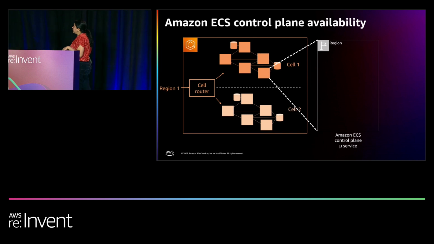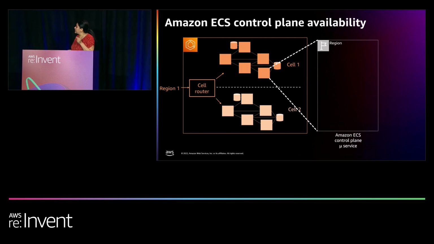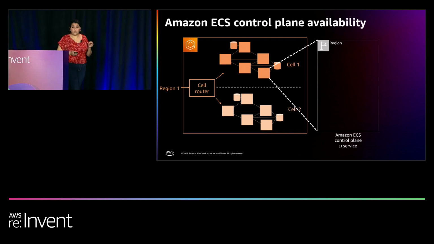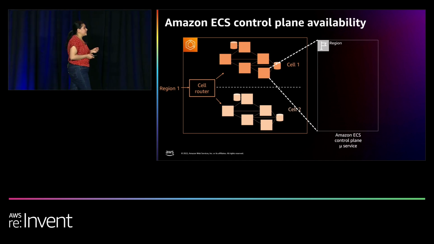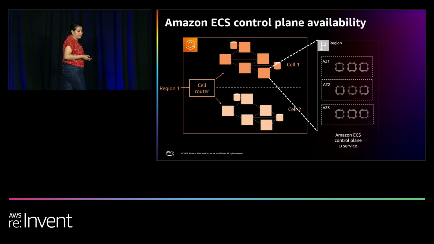And if you look at a particular microservice within this cellular control plane, each service is actually spread across AZs. So this is, again, standard best practice that we recommend for customers. We follow the same.